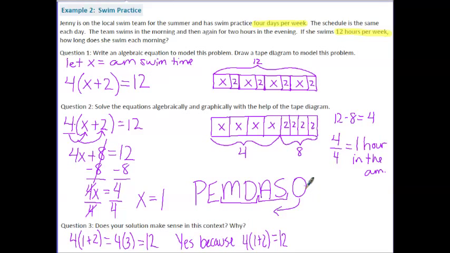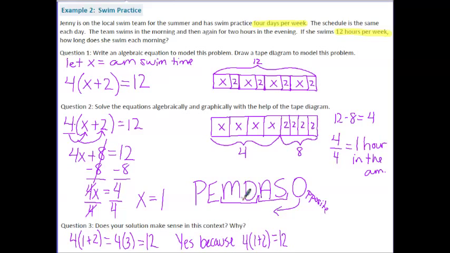So I move right into the O, and we go backwards. The first thing I come across is addition and subtraction. Well, here we have a plus 8, and so I'm going to do the opposite operation, which is subtraction. So I subtracted from both sides of my equation to keep the balance. Whatever I do to one side, I always have to do to the other side. Once we did that, we were left with 4x equals 4.